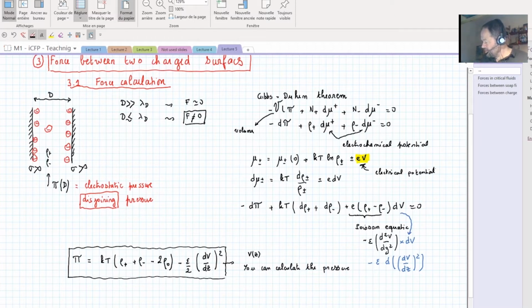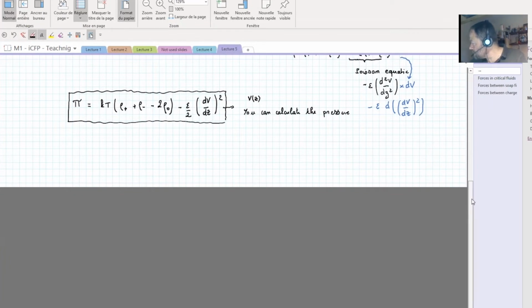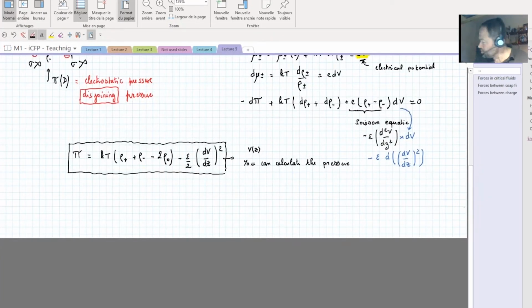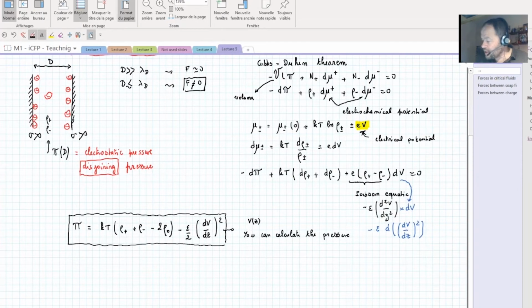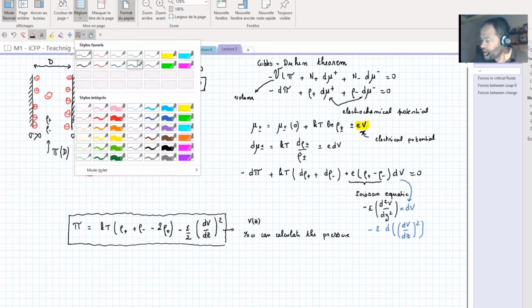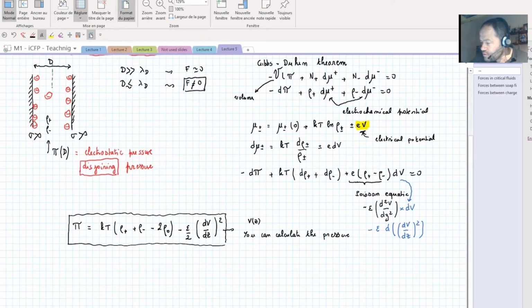So you can calculate the pressure everywhere, and there is a point where it should be easy to calculate. It is in the middle of the two surfaces. Because in the middle of the two surfaces, due to the symmetry of the problem, we assume that dV over dz is equal to zero in the middle.